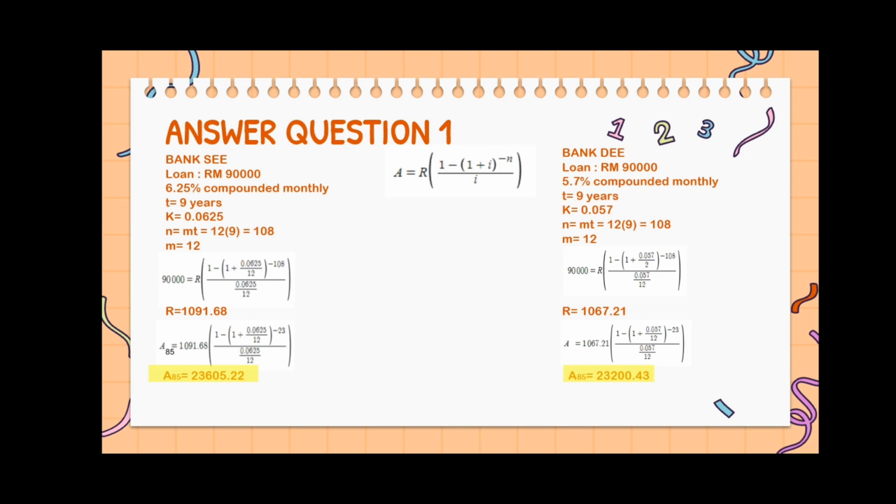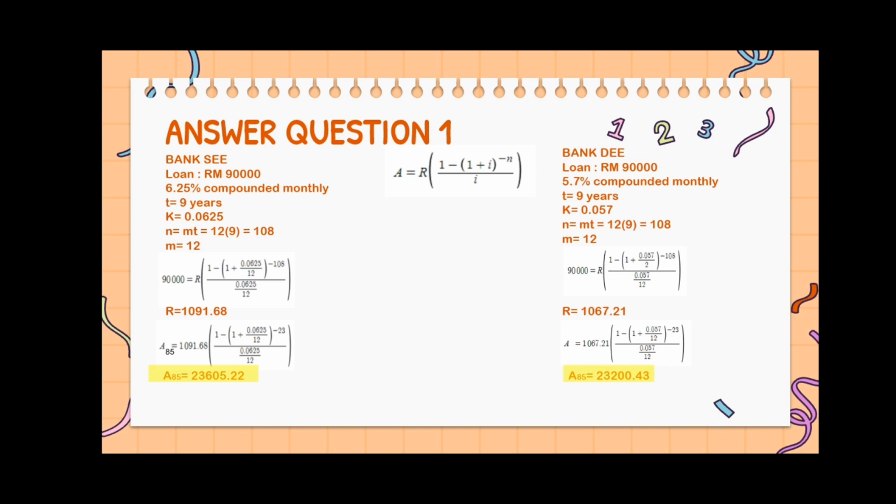The next step is we use the same formula. A equals 1091.68 times 1 minus (1 plus 0.0625 divided by 12) to the power of negative 22, divided by 0.0625 divided by 12.